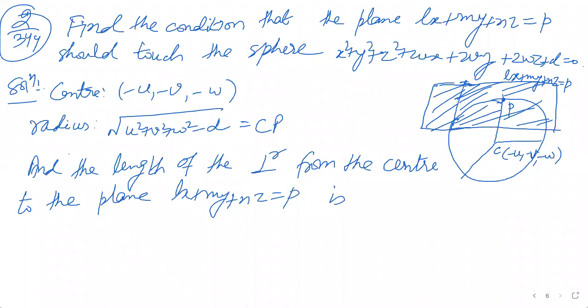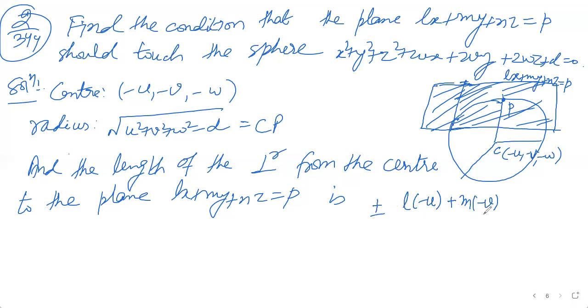Remember the formula you derived, length of the perpendicular from a point on the plane: Lx dash plus My dash plus Nz dash minus p, upon under root. So if I take it in terms of LMN here, in general it was plus minus L into minus u, plus M into minus v, because x dash, y dash, z dash is now minus u, minus v, minus w.